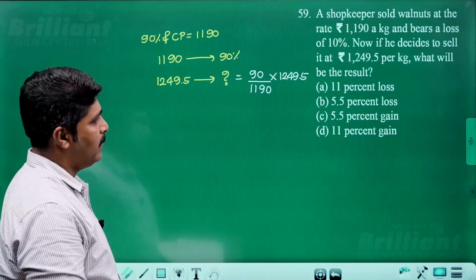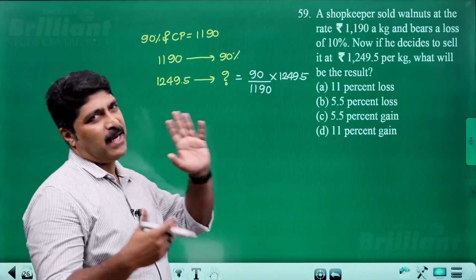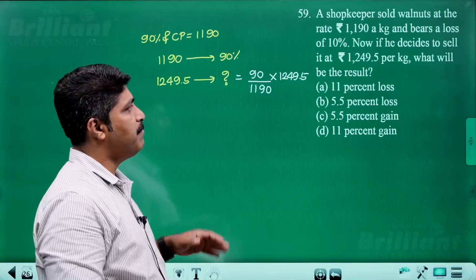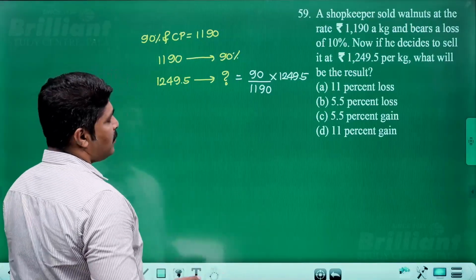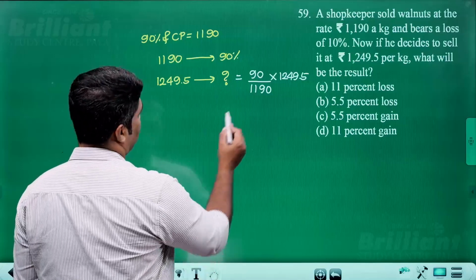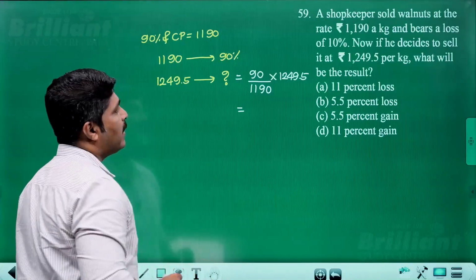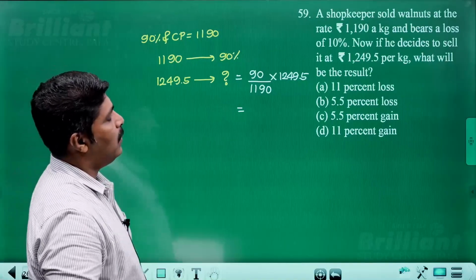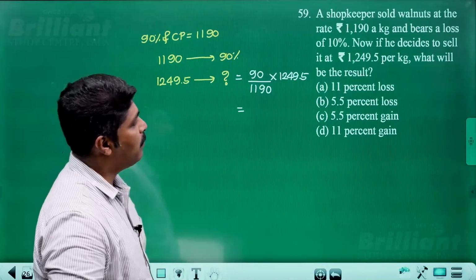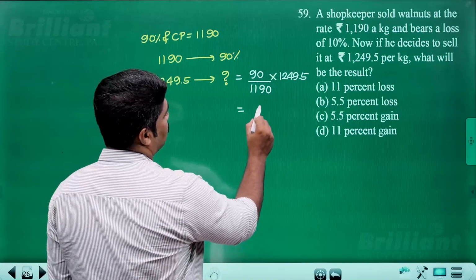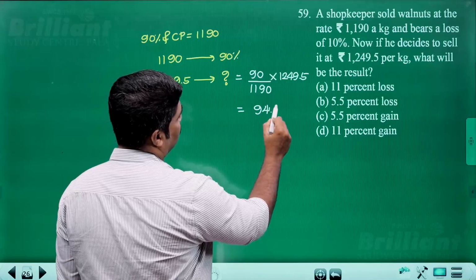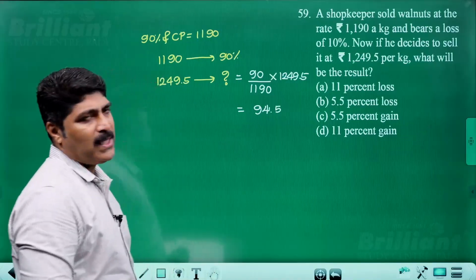Understood? So it's a little bit difficult to solve that calculation part. Even so, after simplifying this one, I just directly give the value. If you simplify this, you will get 94.5.